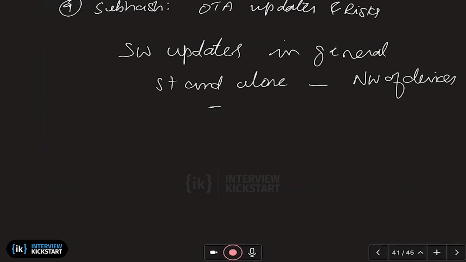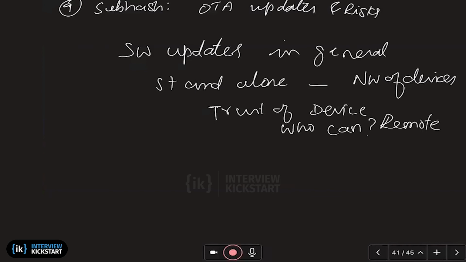When you're doing software updates, you insert a media or, through a network, you deliver the new firmware image. What can go wrong? Basically, the trust of the device in its environment. Who can update? If it is a remote device, you need to know how to initiate the software update.